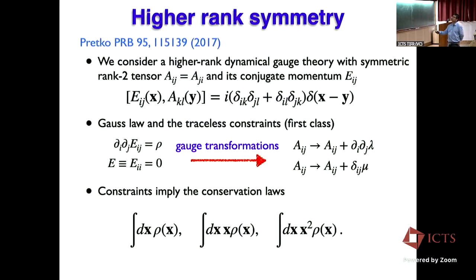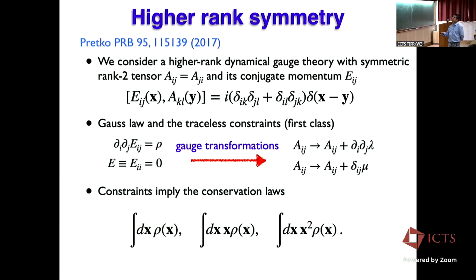With this commutation relation, the Gauss transformation implies the transformation of the gauge field under the gauge transformation. These two gauge transformations come from the Gauss law constraint and the traceless constraint.